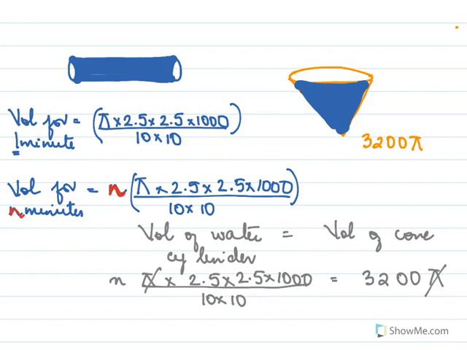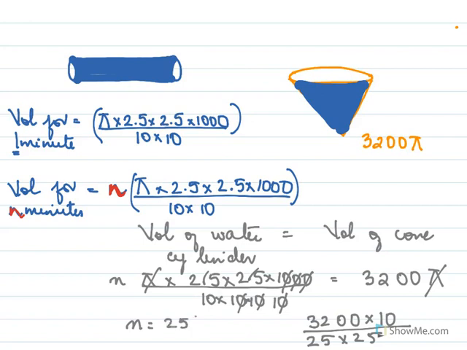You cancel the pi out. To remove this decimal I multiply by 10, and to remove the other decimal I multiply by another 10, and then the zeros cancel out. Now to find n, I take 3200 and the denominator 10 on the top, so I get 3200 into 10 into 10 over 25 into 1000, and when you cancel this out you get the number of minutes. So n works out to 256 divided by 5 minutes.